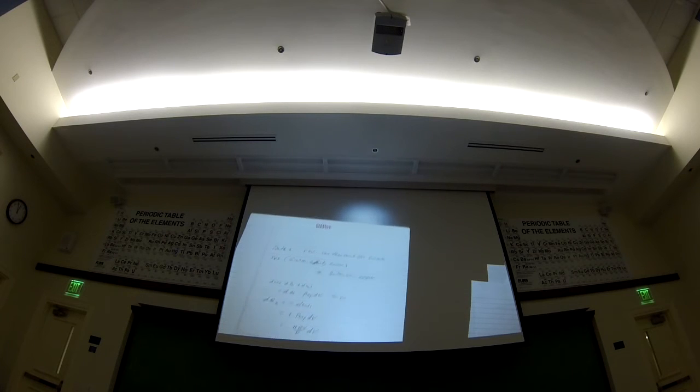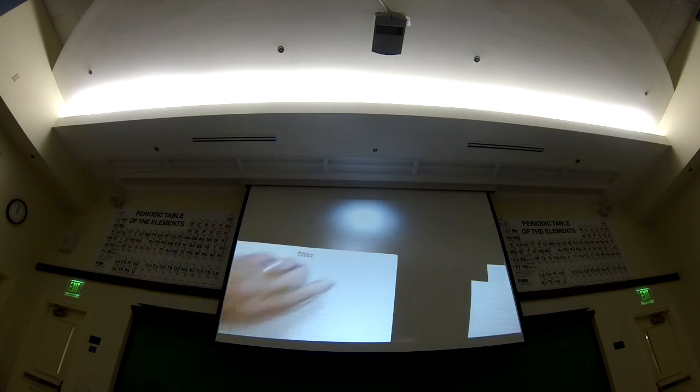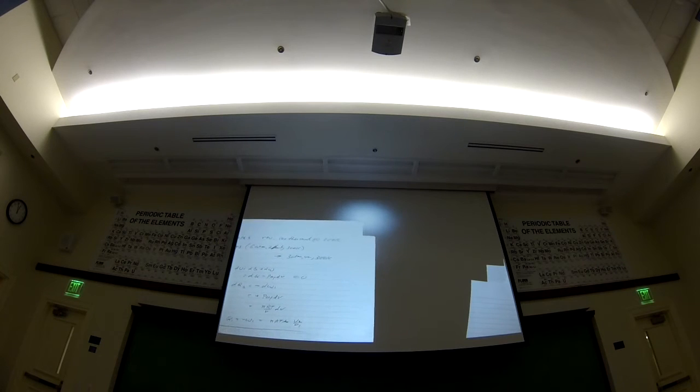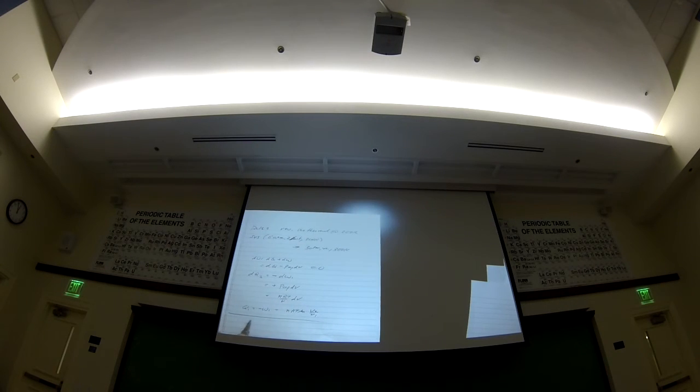Now let's do the adiabatic path. Put numbers in.